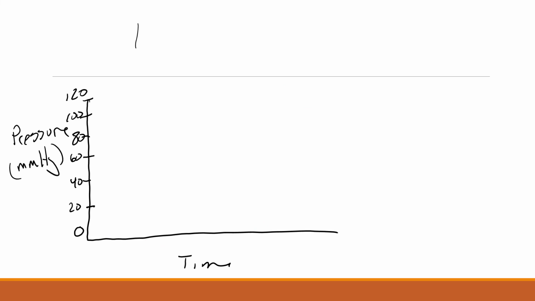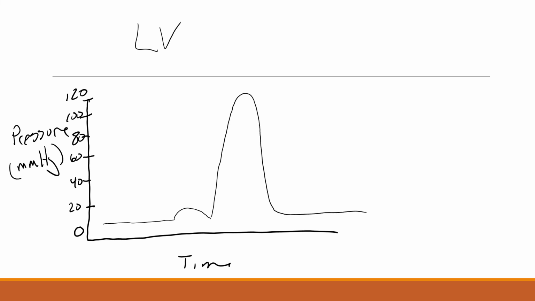Okay, so I'm continuing to look at pressure changes from the left side of the heart here, and I'm just going to quickly redraw the left ventricular pressure graph. But what I want to add now is another pressure tracing, which I'm going to draw here in red.